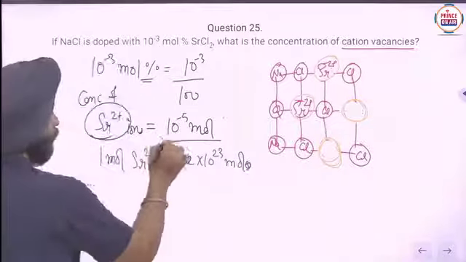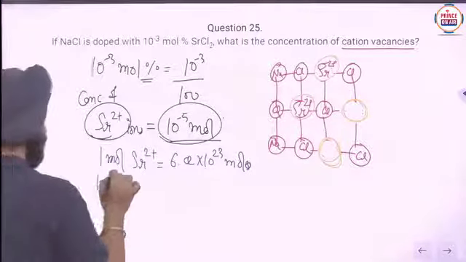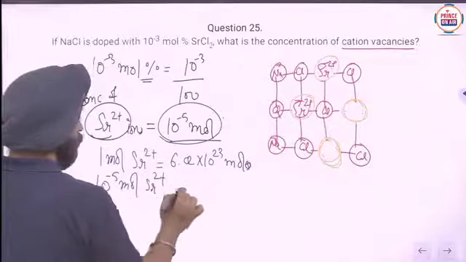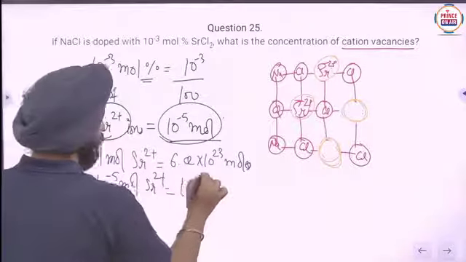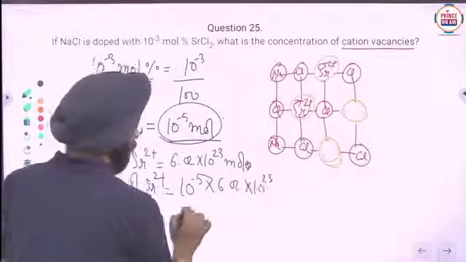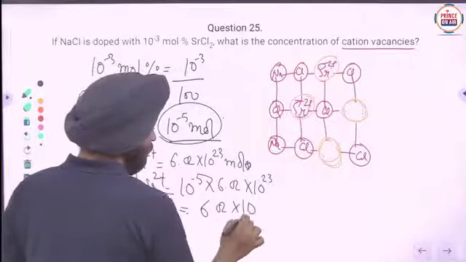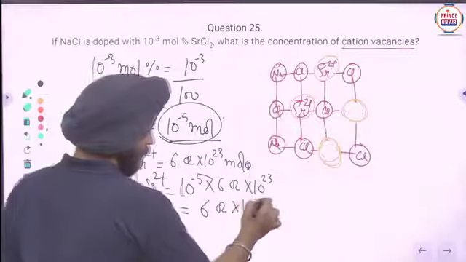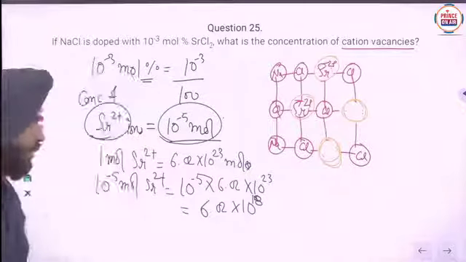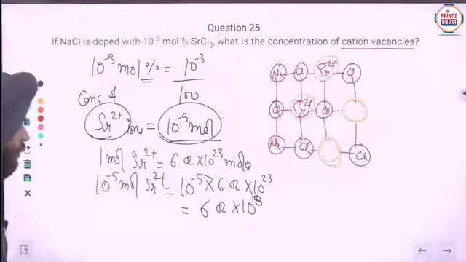But we have 10 raised power minus 5 moles of Sr2 positive, so it will equal 10 raised power minus 5 into 6.02 into 10 raised power 23. It will come out to be 6.02 into 10 raised power 18. Okay, clear?